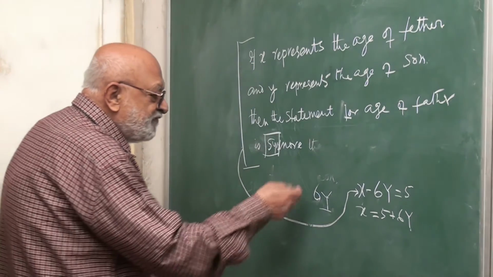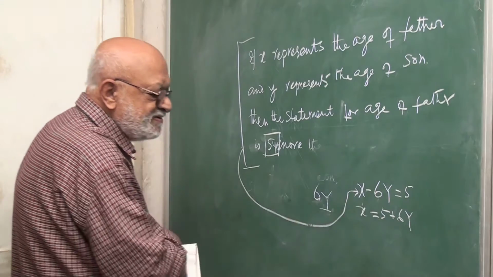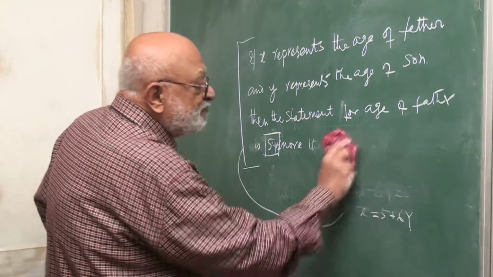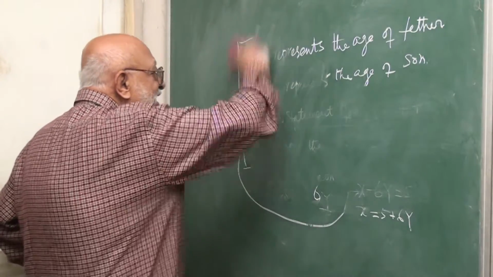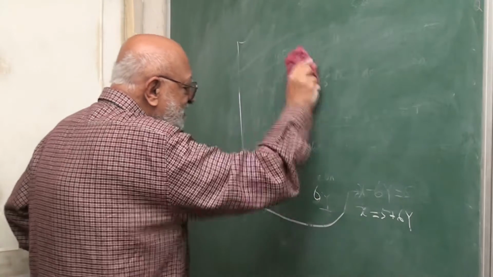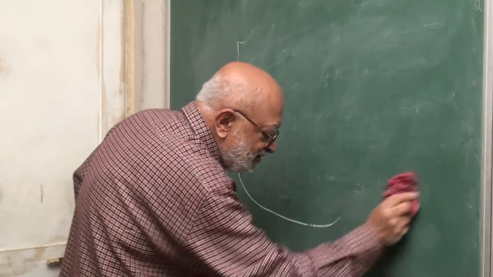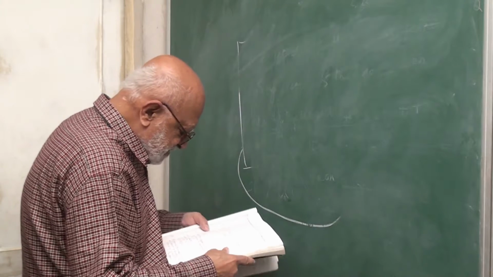If it says less than that, then it would have been minus 5. So be careful about what is being said, whether it is more or less or how many times, etc. So you can handle this kind of easily, and they can be multiple choice questions.